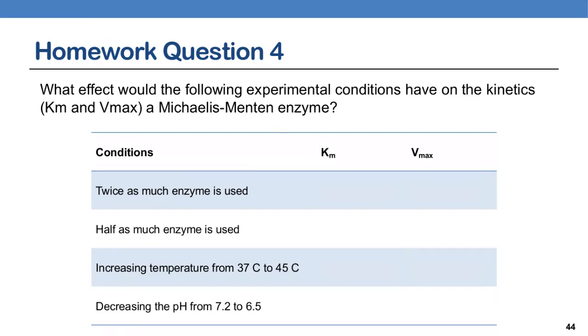So if you have twice as much enzyme, are you going to get twice as much binding to each individual enzyme? What do you guys think? Is it going to change kind of the unique binding ability of each enzyme if you have more?